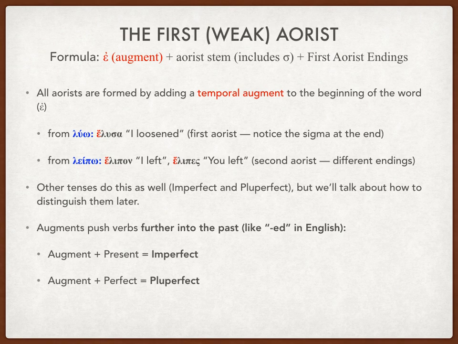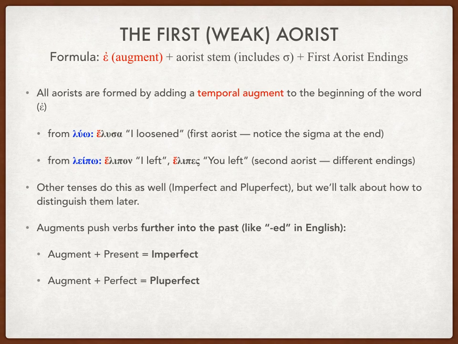I translate it like any other aorist, which is very different from leipo, which is the second aorist, which I know by changing the stem entirely to elipon and elipes. Notice that it's completely different with its sets of endings from the first aorist, which is going to use a unique set by itself.